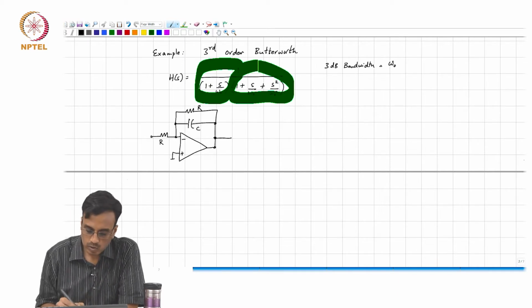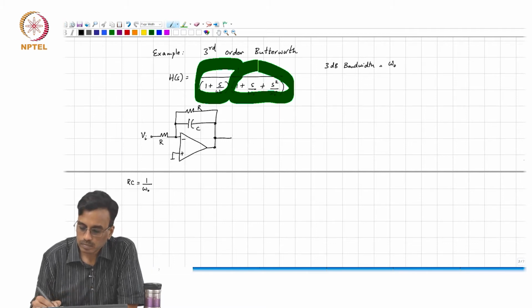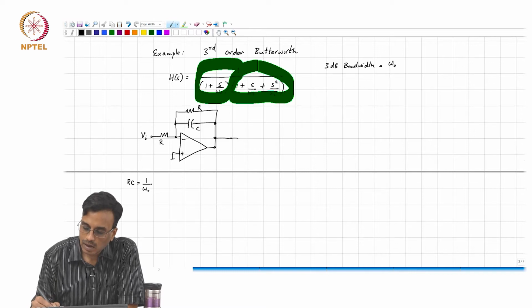So, we choose RC equal to 1 over omega naught, and then we follow it up with our good friend the second order section.